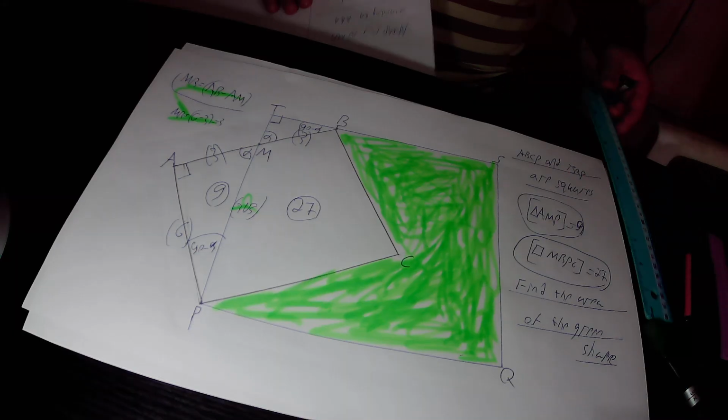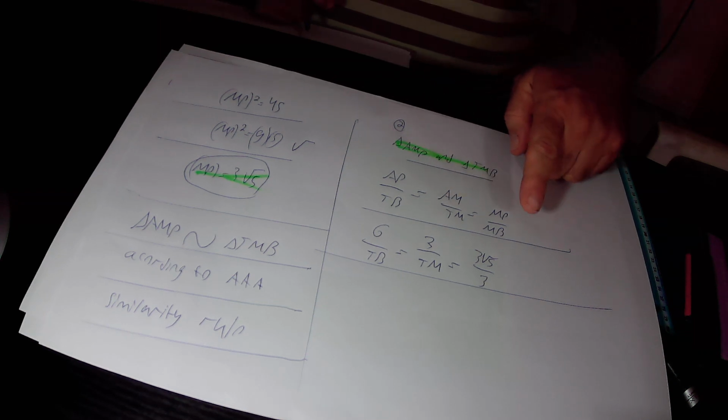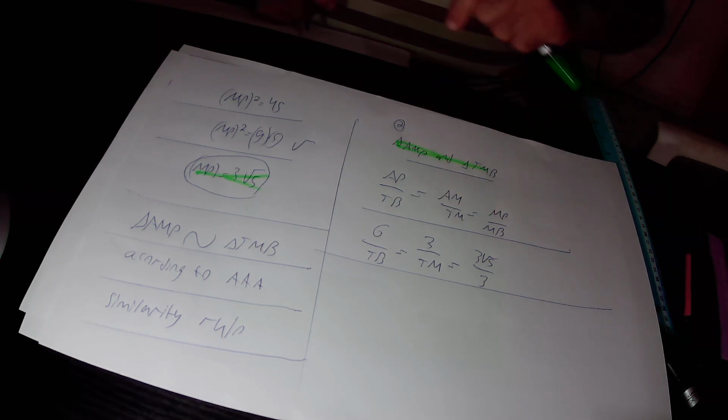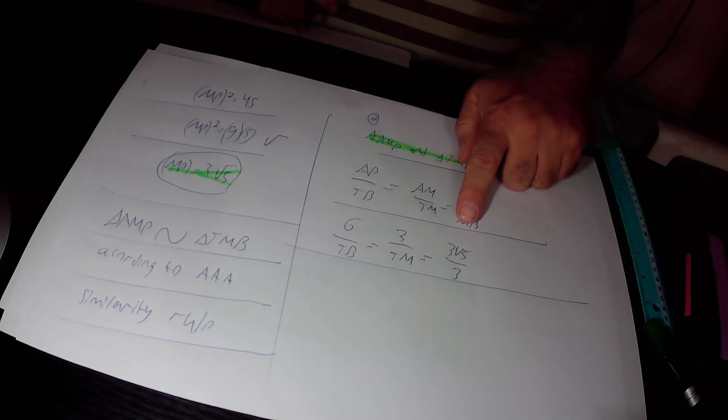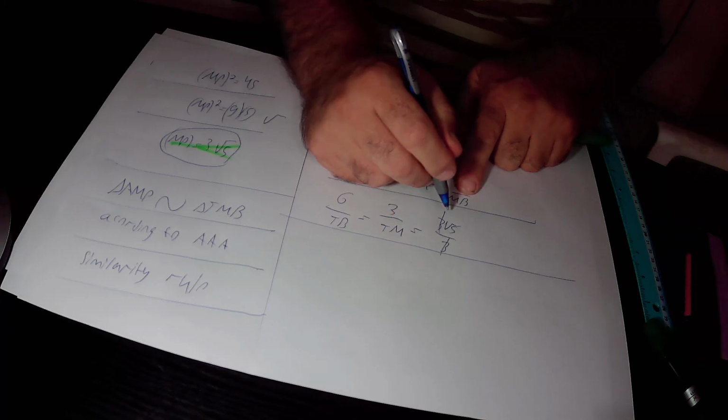So in total, we find that 6 over TB equals 3 over TM equals 3 times square root of 5 over 3. We have 3 in the numerator and 3 in the denominator, so the 3 gets cancelled, and we are left with the square root of 5.